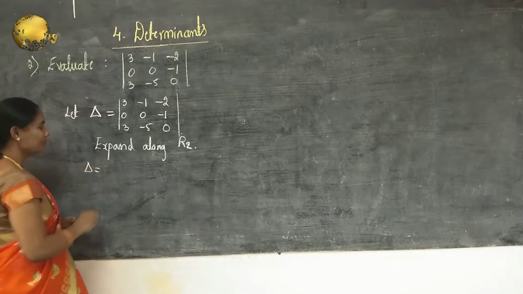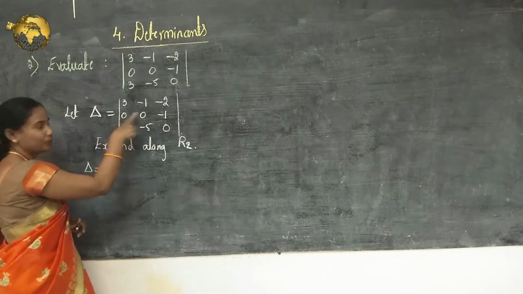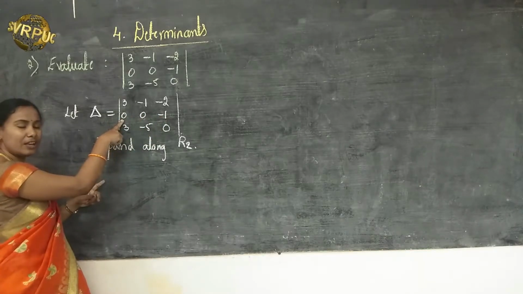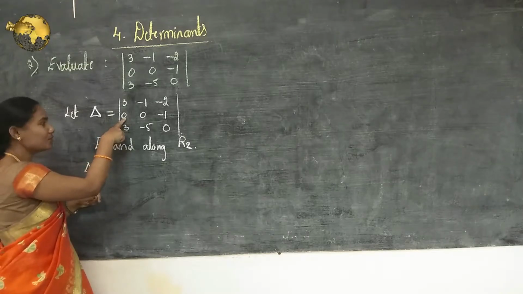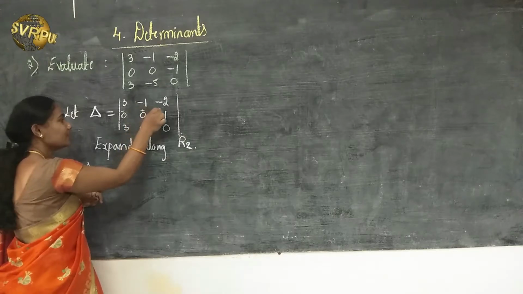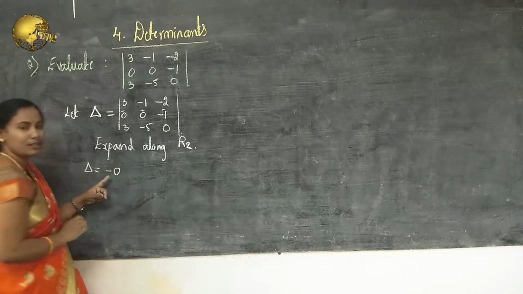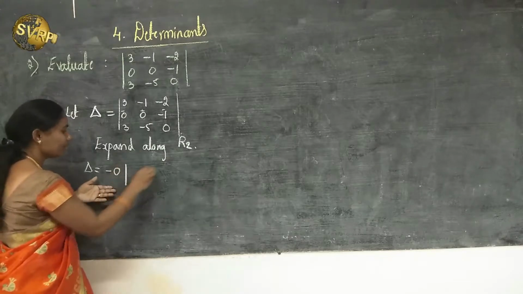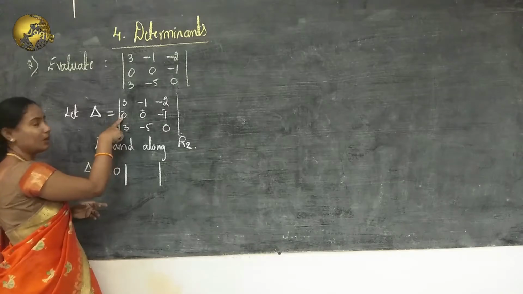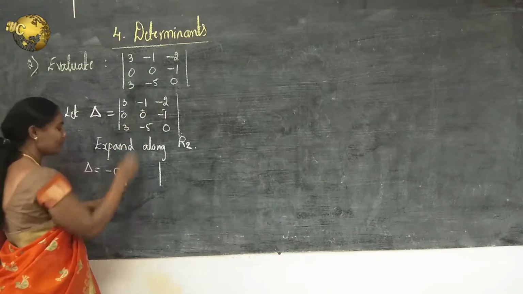Delta is equal to, I will expand along row 2. So it is 0, the first element, and we have to fix the position sign. The position signs here are minus, plus, minus. So minus 0 into determinant of, I'll neglect the row and column where this 0 belongs to. It is in second row, first column. What are the remaining elements?